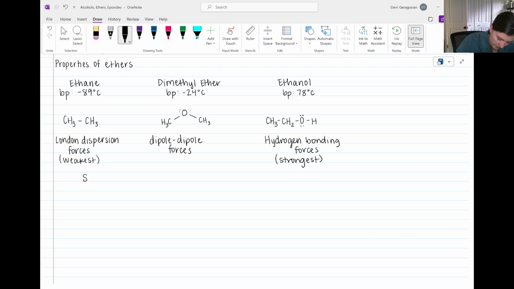So stronger intermolecular force, we have a higher boiling point.